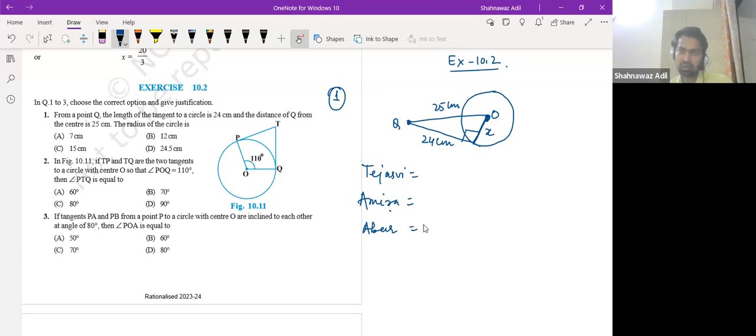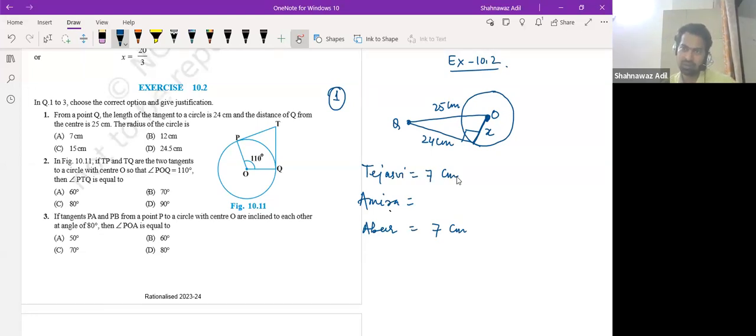So Abir got 7. And Tejasvi and Amira, what about you guys? 7 centimeters, same. And Amira, what about you?